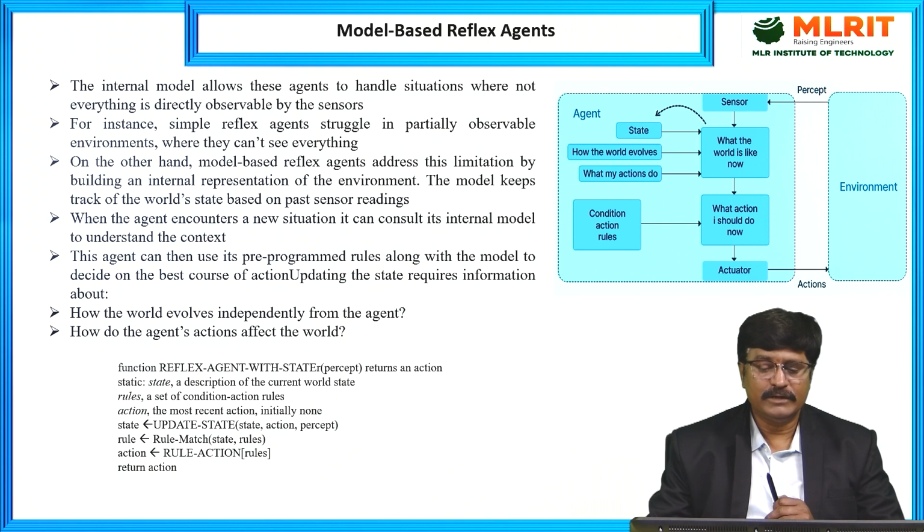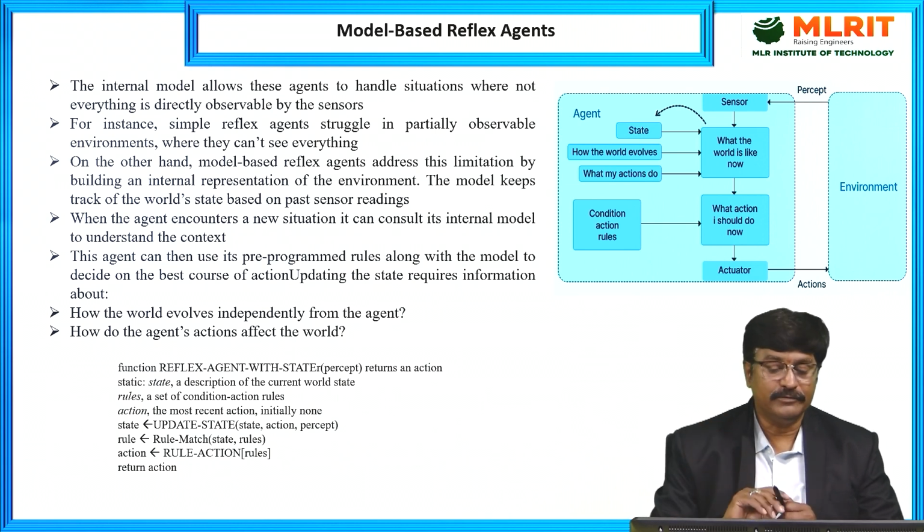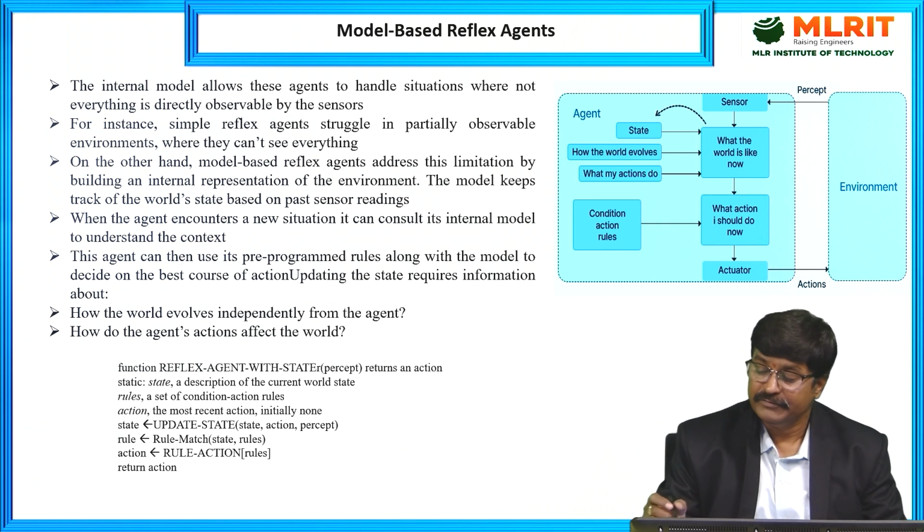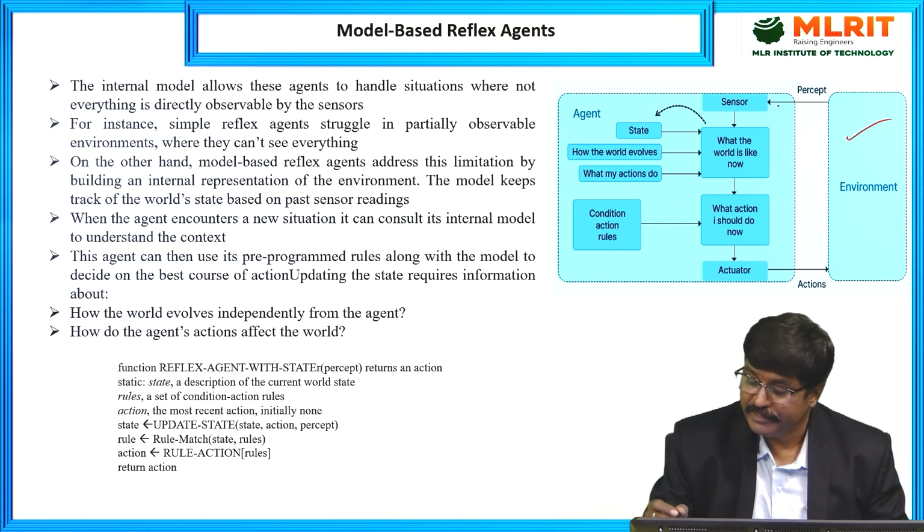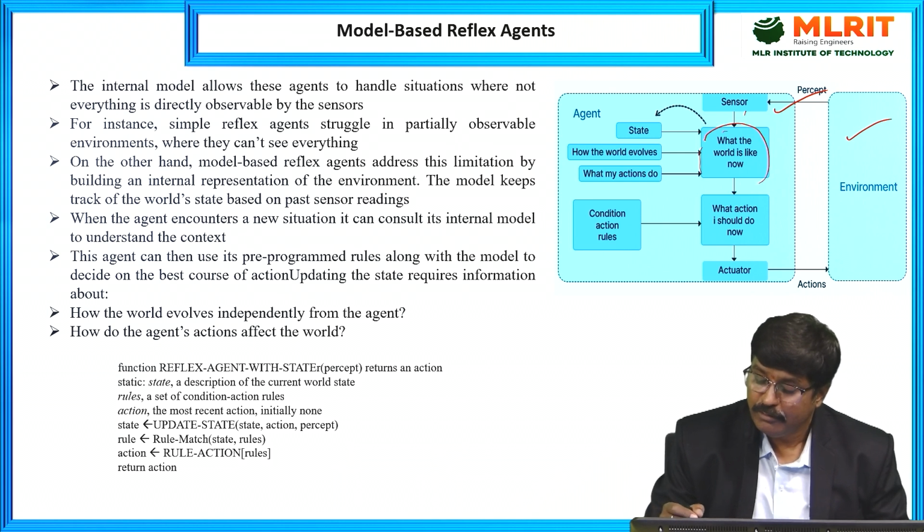The other model is the model-based reflex agent, a little bit advanced compared to the simple reflex agent. The same environment is there, and from the environment it is perceiving the information. The sensor senses it and gives it to the agent function.